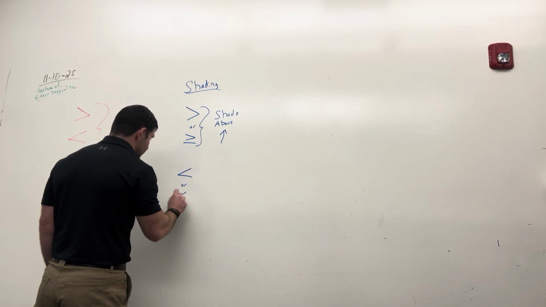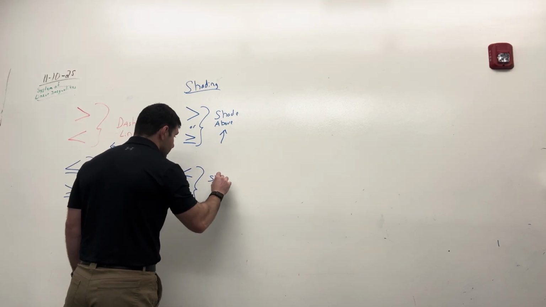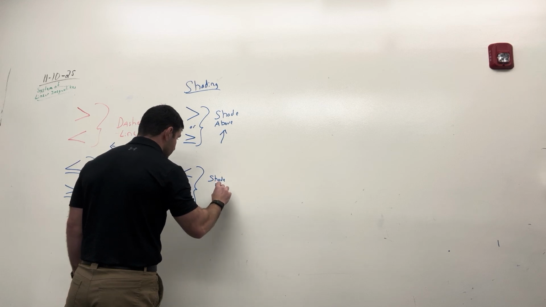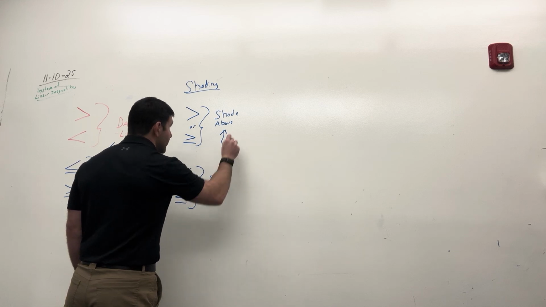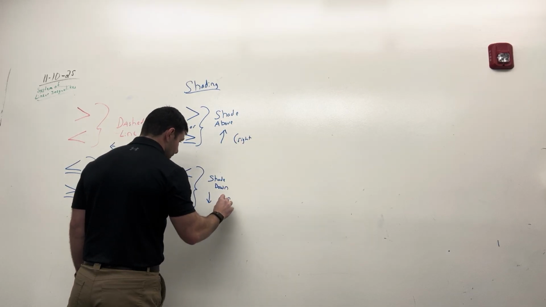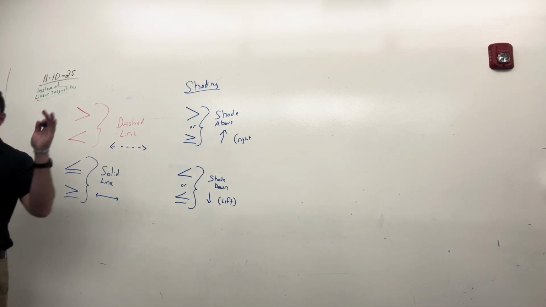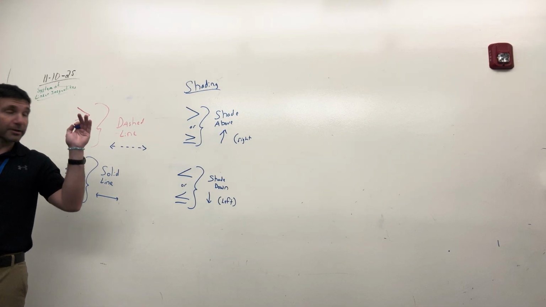Less than or equal to means we shade down. And in here I'm going to put to the right, over here to the left, because if it's a vertical line and it's a greater than, we shade to the right.